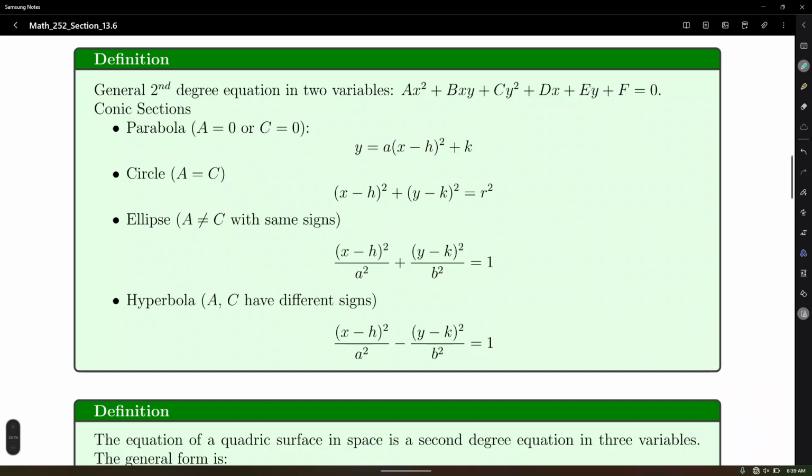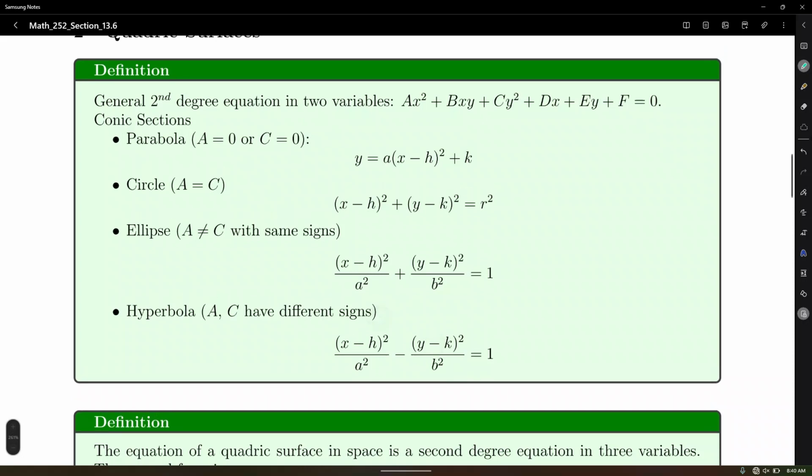So you could say that a circle is a special case of an ellipse where the coefficients or denominators are all the same. And the hyperbola is distinguished from the ellipse. Yes, both variables are raised to the second power, and the denominators may or may not be the same. However, one of those terms is actually negative.